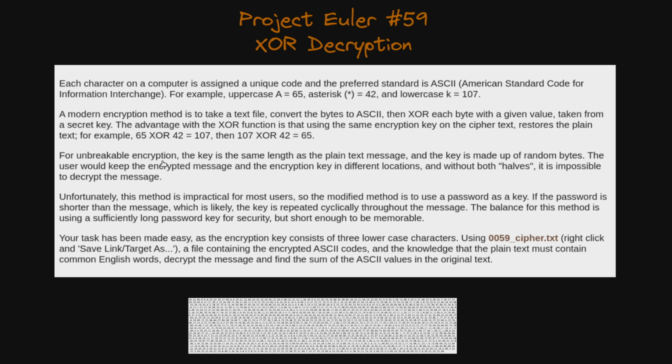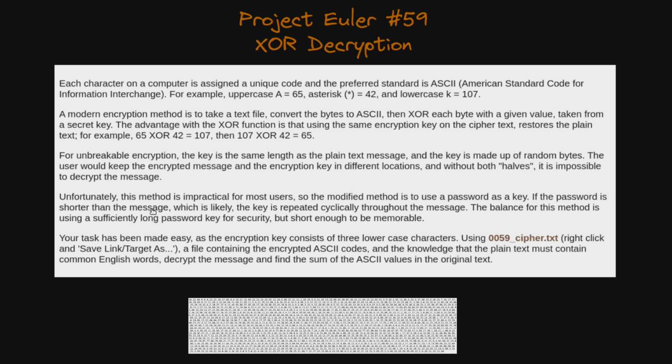For unbreakable encryption, the key is the same length as the plain text message, and the key is made up of random bytes. The user would keep the encrypted message and the encryption key in different locations, and without both halves, it is impossible to decrypt the message. So unfortunately, this method is impractical for most users. So the modified method is to use a password as a key.